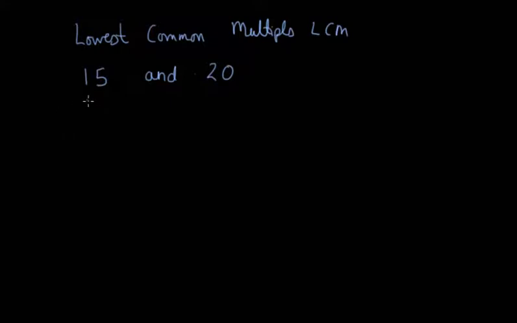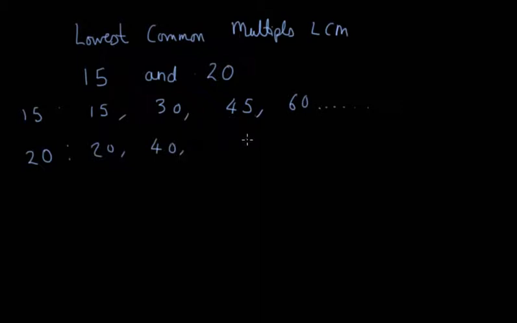The multiples of 15 are, I'm just going to write them down here, 15, 30, 45, 60 and so on. The multiples of 20 are 20, 40, 60, 80 and so on.